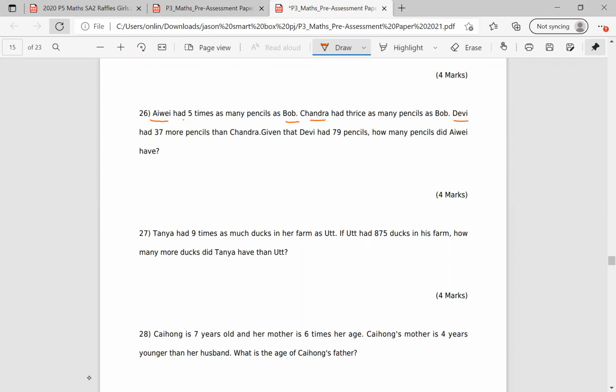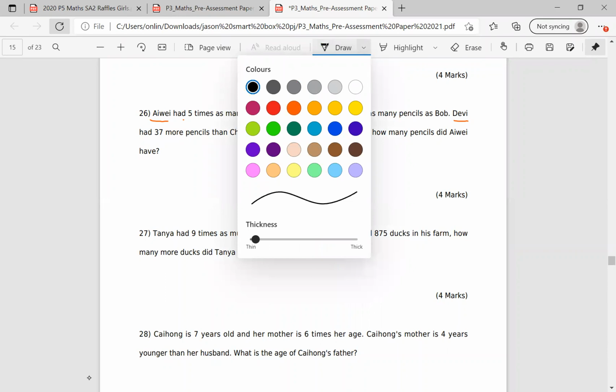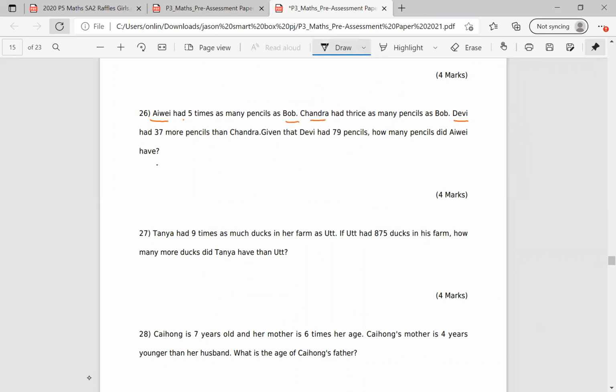So this one is going to be 4 sets of models, so need to do carefully. So let's break down the question and do sentence per sentence, so it's not so confusing. So we can see that they gave us that Ai Wei is 5 times as much as Bob. So I'm going to start with drawing Ai Wei as 5 units first. So this is Ai Wei, and then Bob is going to be 1 unit.